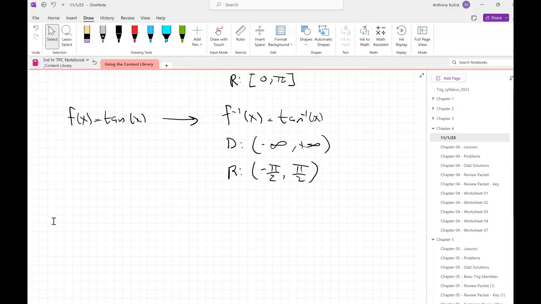So I'm going to pause here and let people that are writing stuff down finish writing stuff down. Then we're going to draw a little bit on our unit circle, and then we'll do some more examples.